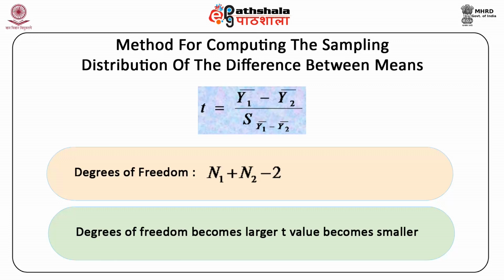The degrees of freedom becomes larger in case of a pooled estimate of the variance. Thus, our t-value becomes smaller in such a case.